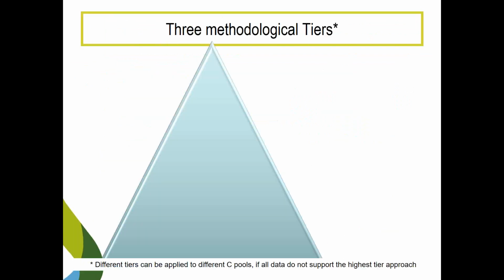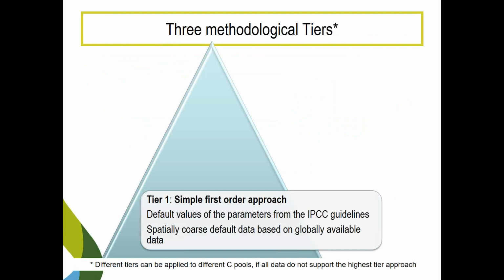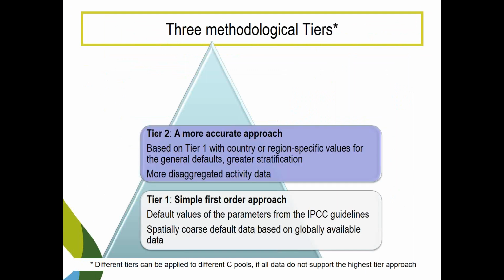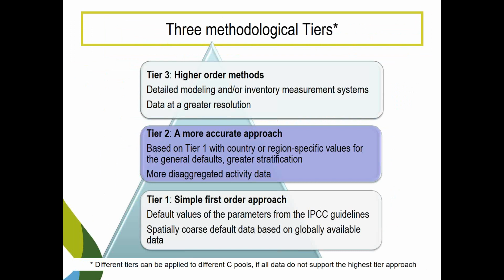The IPCC guidance allows countries to apply 3 different tiers of analysis. At the simplest level, a country might apply a tier 1 level assessment. And under such conditions, they may utilize default values provided by the IPCC from global data sets, which allows them to apply emission factors, as well as standardized approaches for estimating activity data.